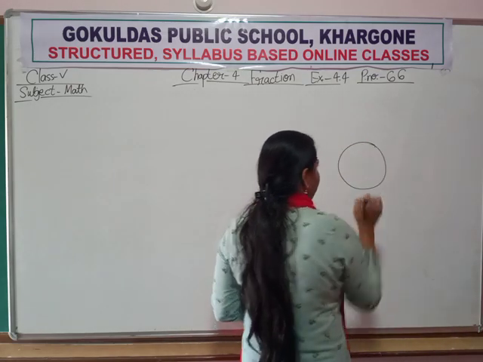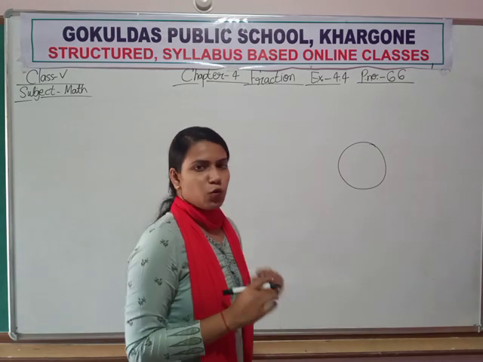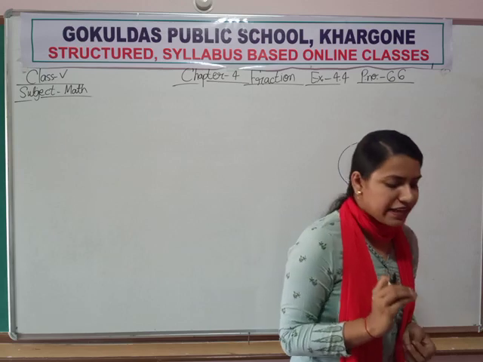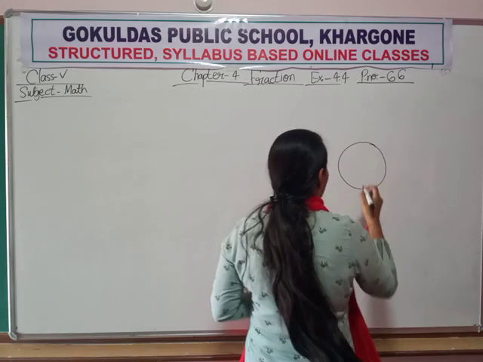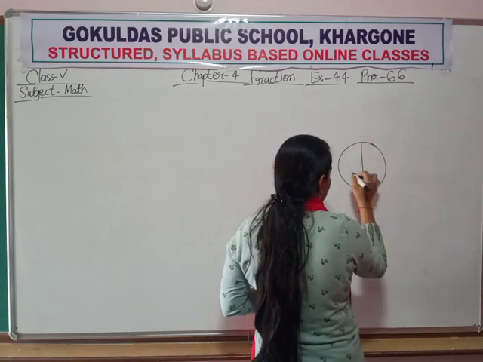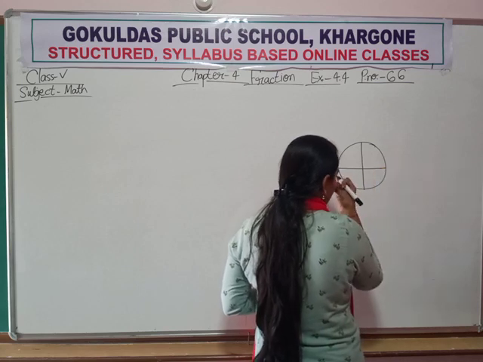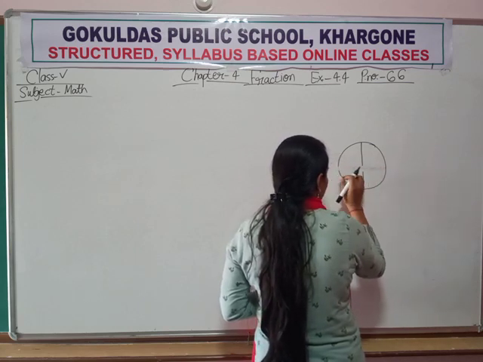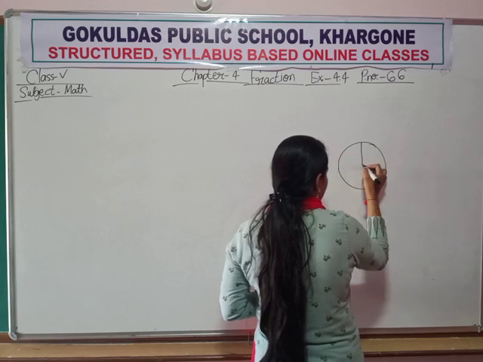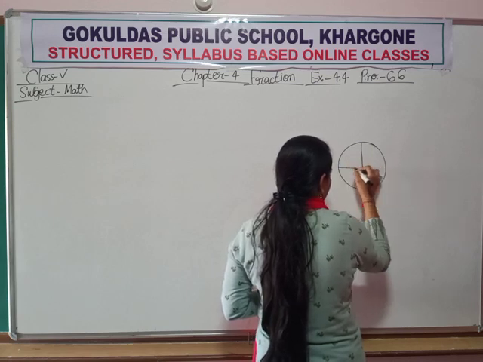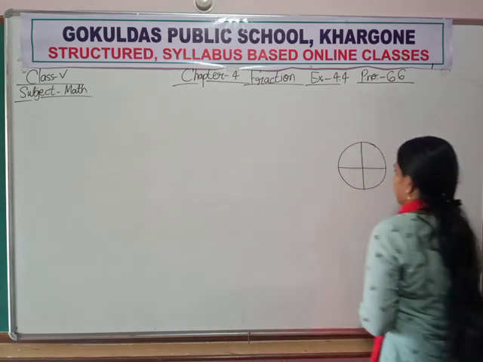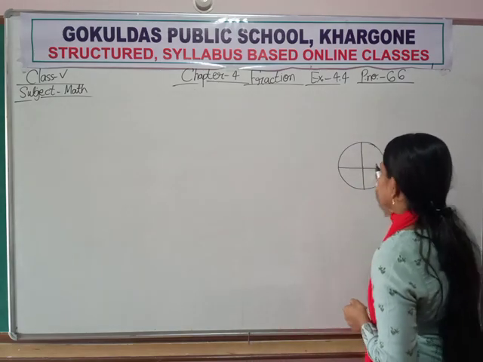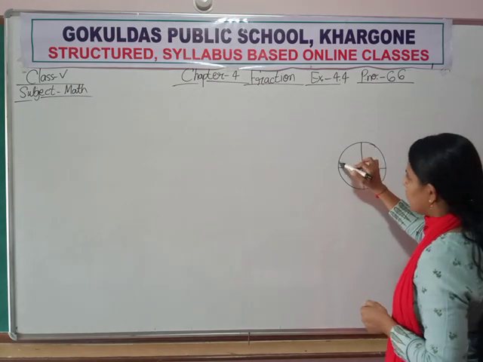See, Arya's mother made 1 cake, so it is 1 cake. Now how much did Arya eat? Arya ate 1/3 of the total cake. Suppose I divide it into parts.